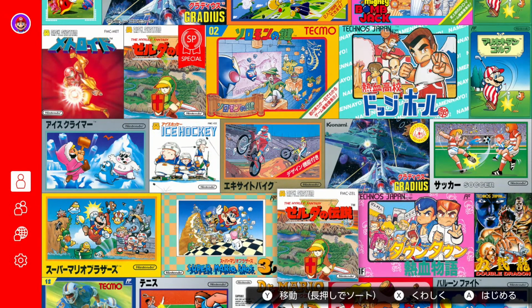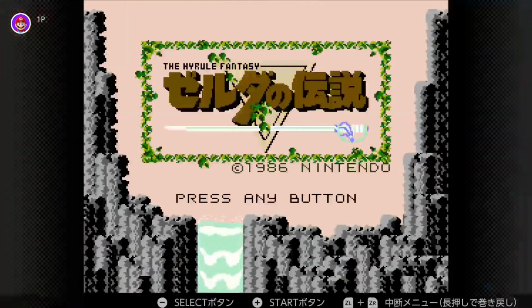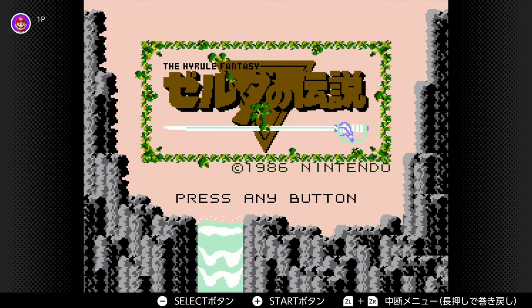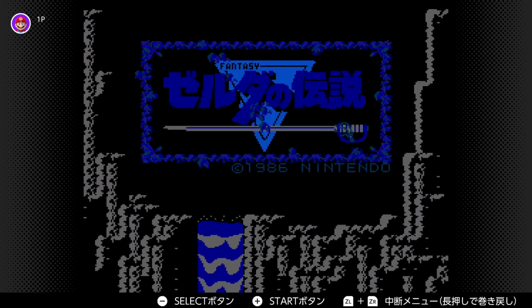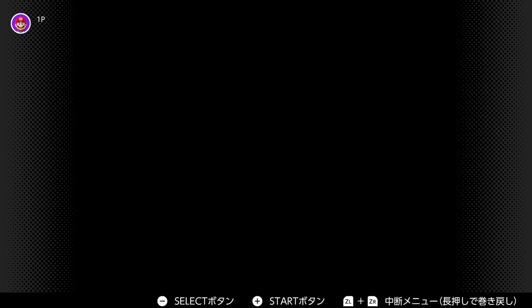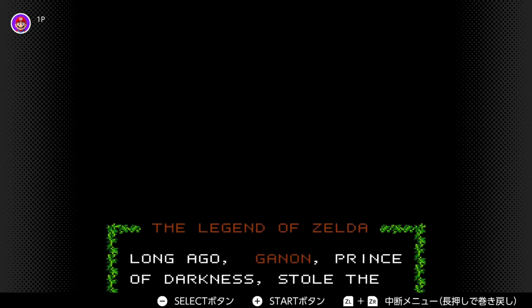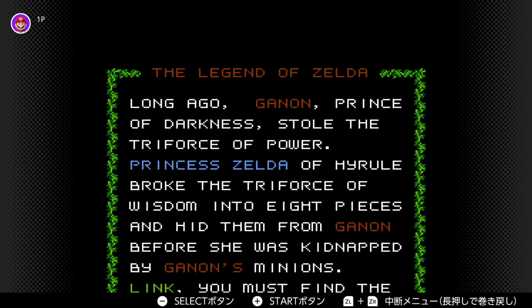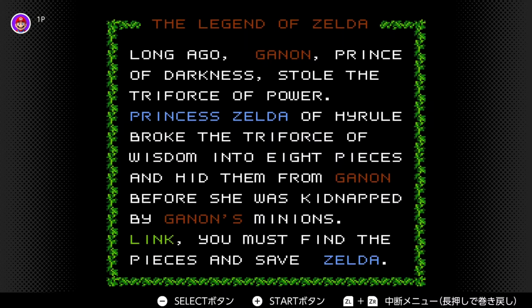Okay, now we can actually start our game. We get the title screen again, Zelda no Densetsu. If we wait, the story shows up and is actually in English, even in the Japanese version.